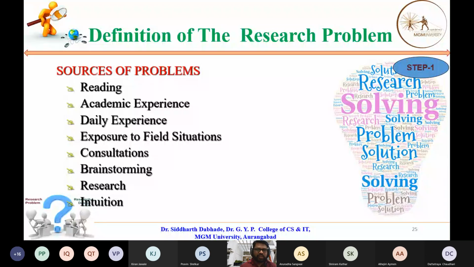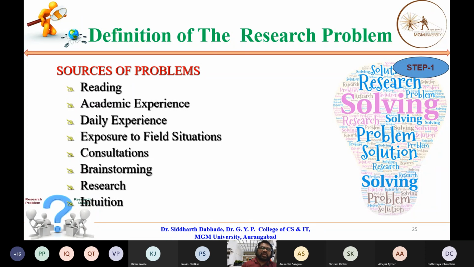Academic experience. If you have certain academic experience, you are capable enough to decide your research problem. Sometimes workers, or the person doing the research work in the specific domain, know what problems they are facing.